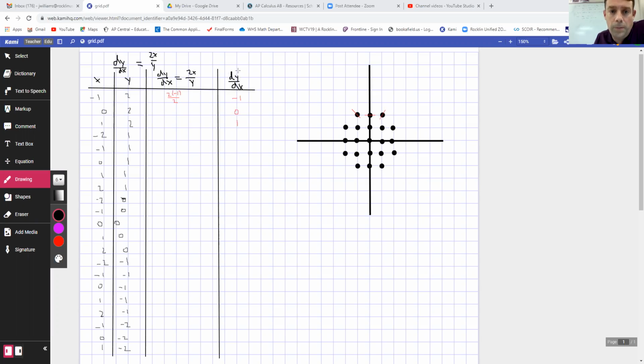We keep doing it here. So my next one here, I got 2 times -2 divided by 1. So I have a -4, -2, I'd have 0, I'd have 2, and I'd have 4.